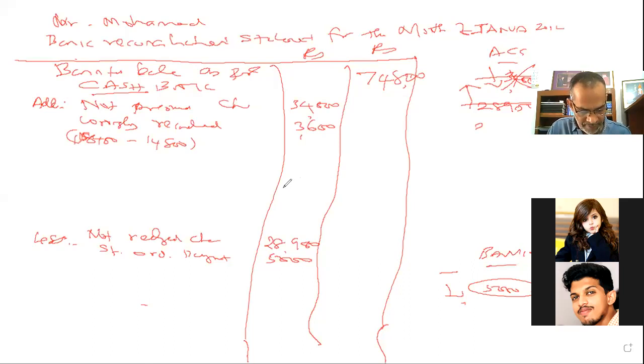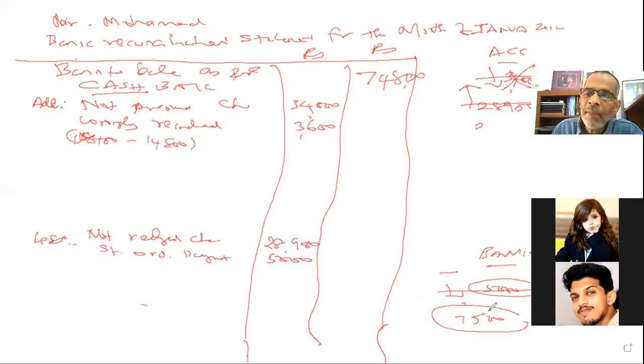Next one, dividend collected by the bank in favor of Mr. Muhammad, 7,500. Look at here. The bank collected a dividend of 7,500. The bank directly collected the dividend, which means we have invested in shares. The dividend is the return we are getting for our shares.